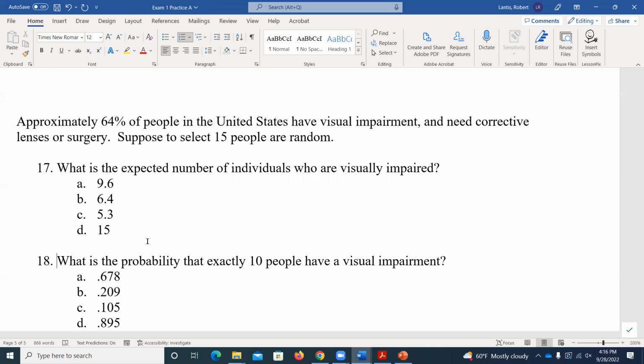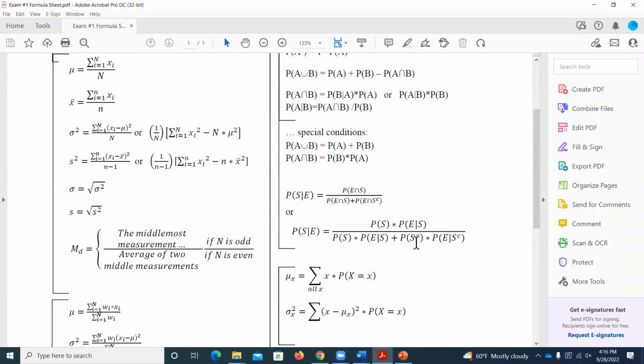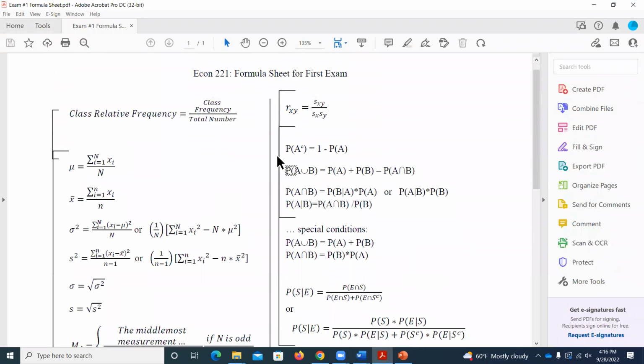So 17, if I ask you this question on the exam, should be a very easy question to get correct. If I want the mean of a binomial distribution, and I pull open this formula sheet, now I kind of mentioned this, someone stopped by my office, I'm not trying to make this too difficult. You'll notice if you look at the practice exams, it follows the order in which I taught you things in class.